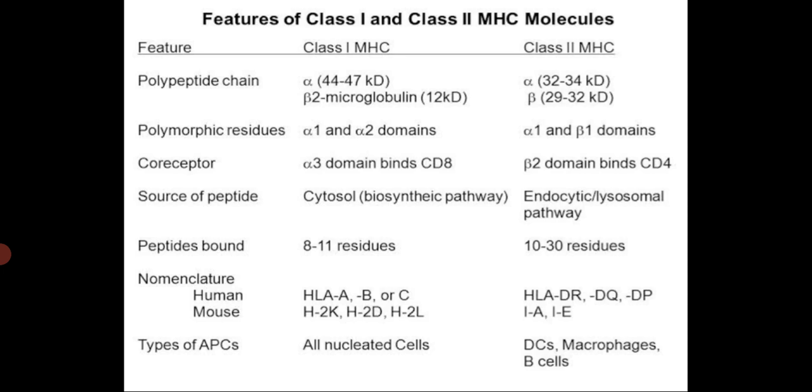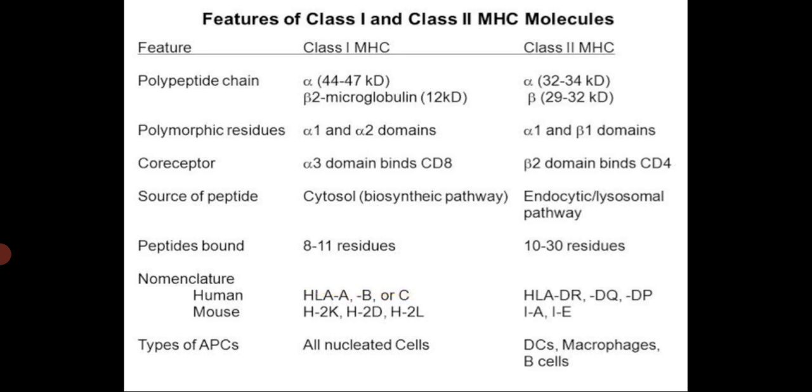The peptide antigen bound is approximately 8 to 10 amino acids in a class first molecule, whereas a class second molecule binds a peptide antigen of 10 to 13 amino acid residues.